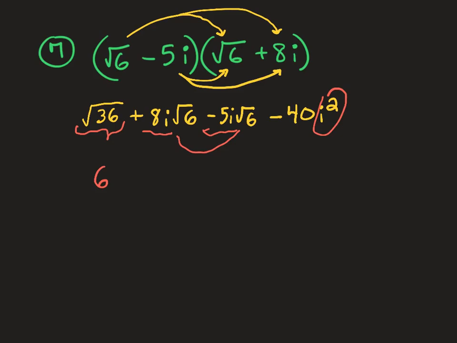If we're going to put the two middle terms together, we need to put the 8i and the negative 5i together. That's going to give us 3i, and the square root of 6 part does not change. And then you've got negative 40 times negative 1, which is positive 40. Then add your like terms, the 6 and the 40.